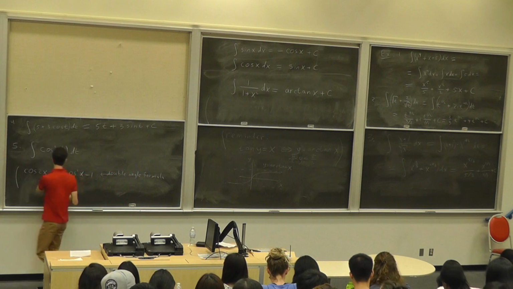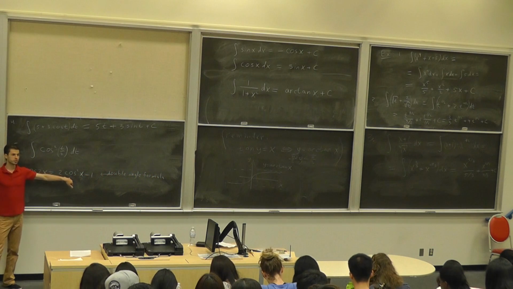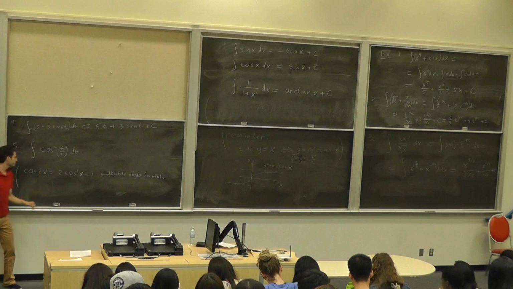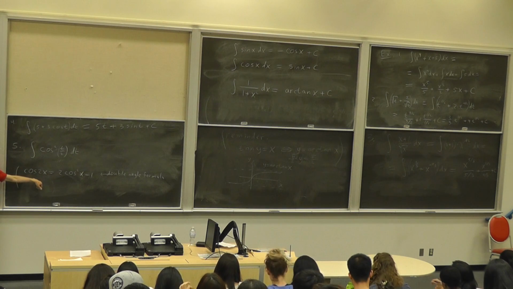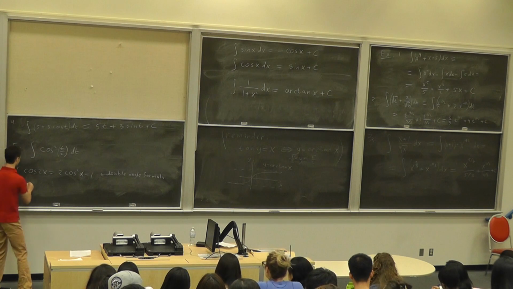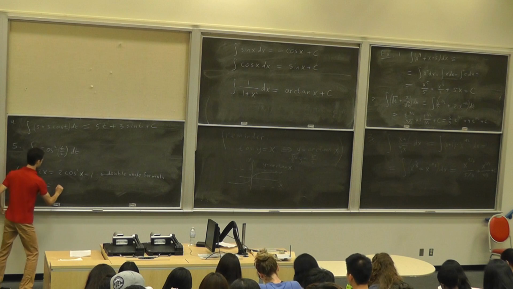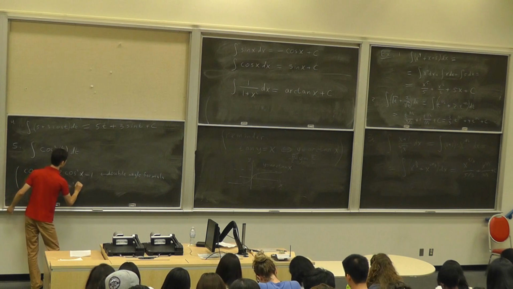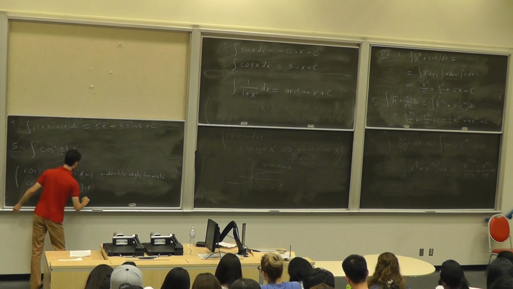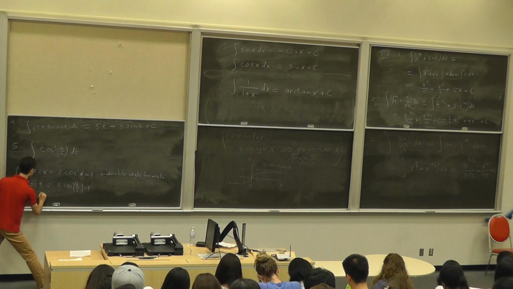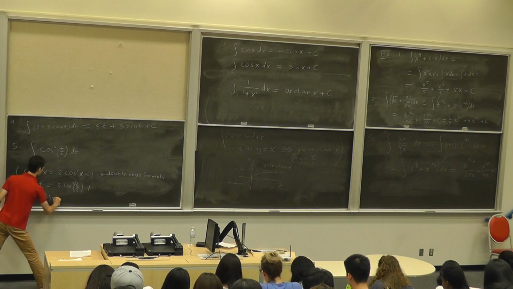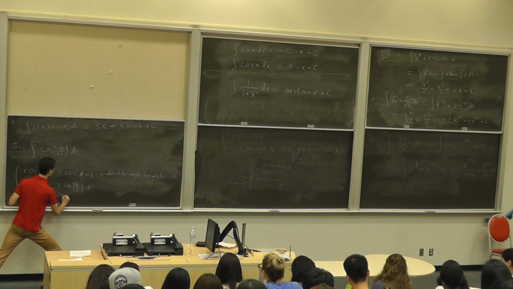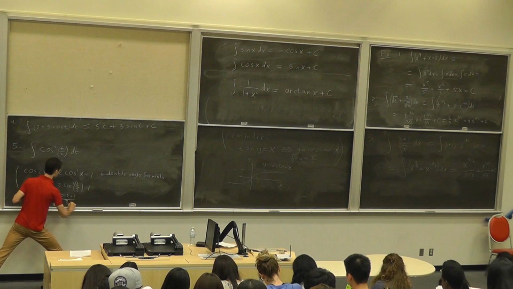And what's good about it is that it can express the square of cosine in terms of just cosine. So in particular, cosine of t can be written as 2 times cosine squared of t over 2 minus 1, or cosine squared of t over 2 can be written as cosine of t plus 1, over 2.